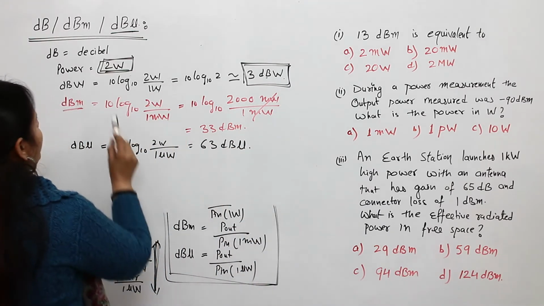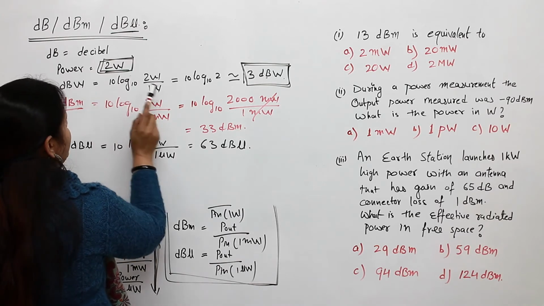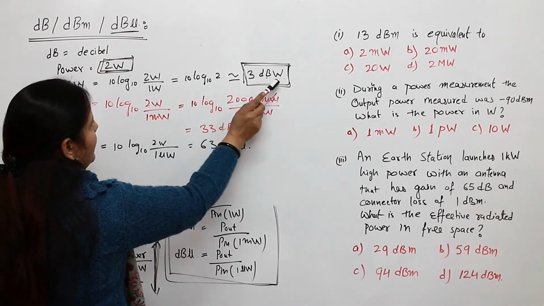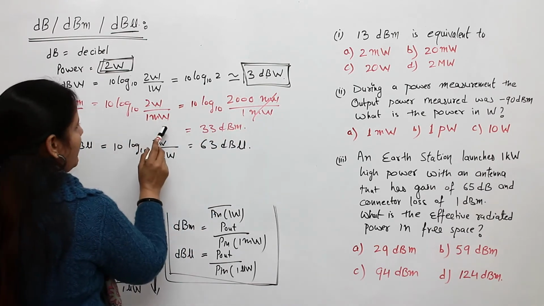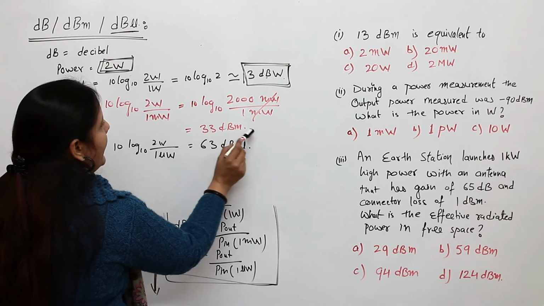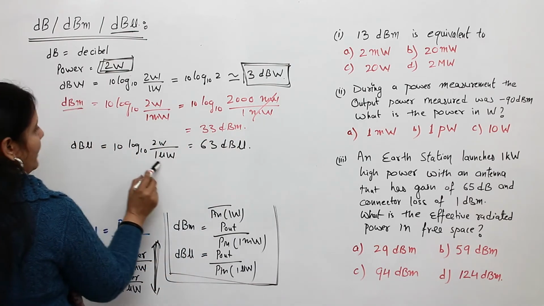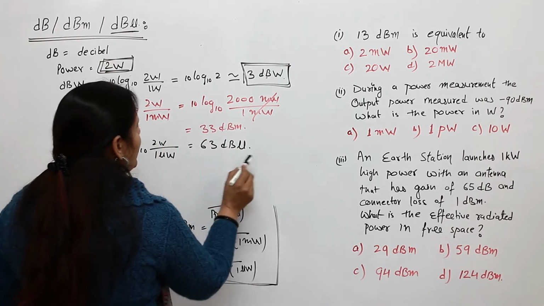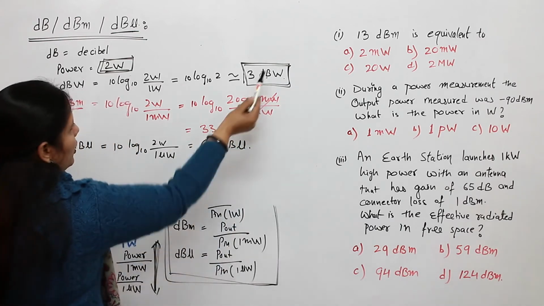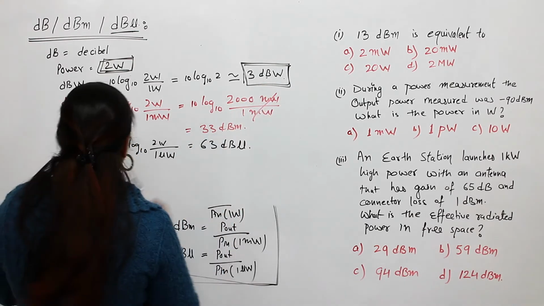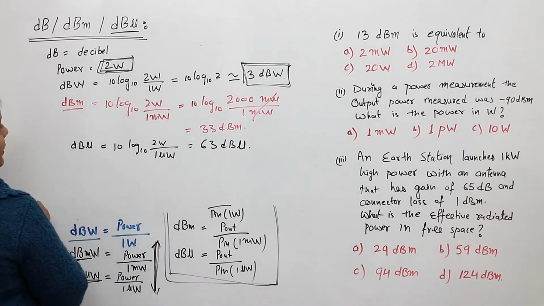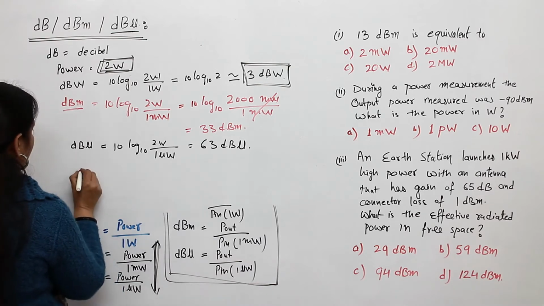So you can find that when you are comparing your power intensity with respect to 1 watt, you get dBW. When you compare with 1 milliwatt, you get dBm. When you compare with 1 microwatt, you get dB microwatt. So with these results, you can finally write down a direct conversion formula.